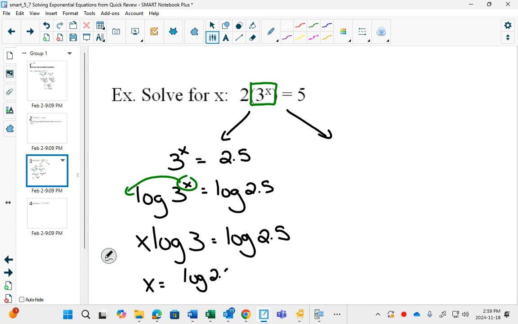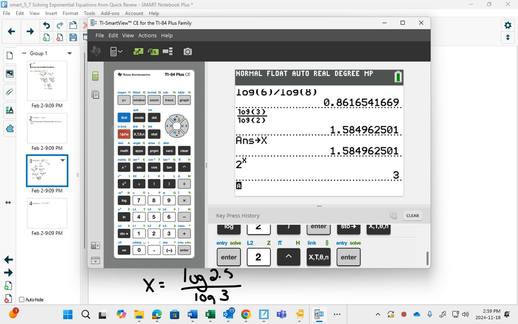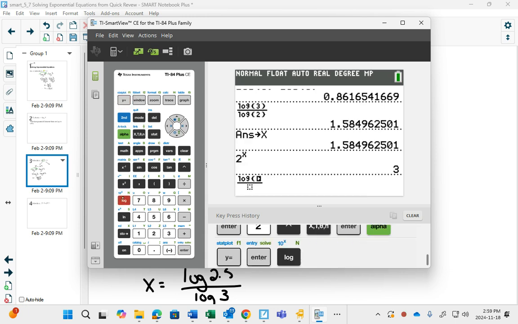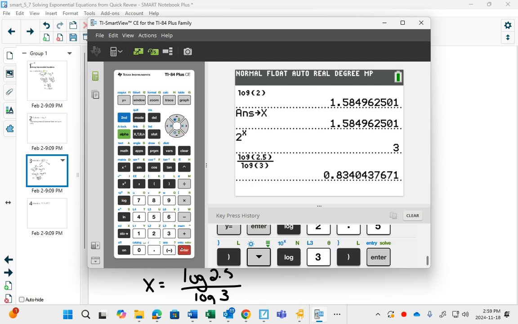And we get log of 2.5 divided by log of 3. I'm going to test that by going to my calculator. Log of 2.5 divided by log of 3, 0.834.